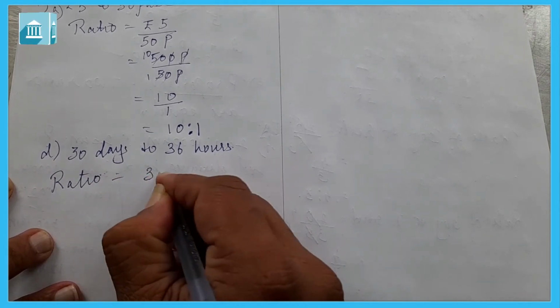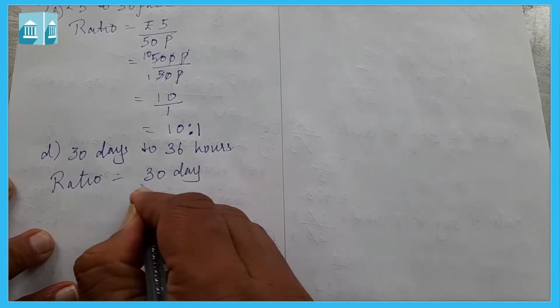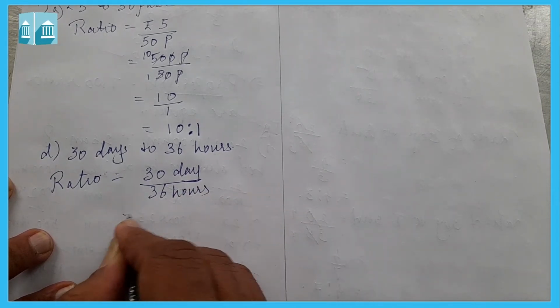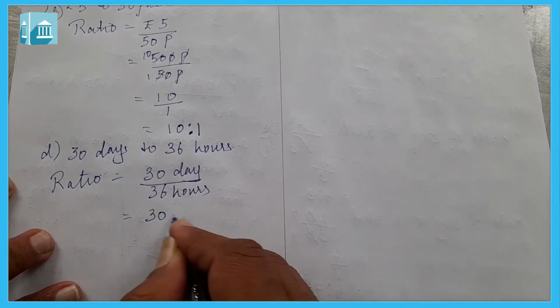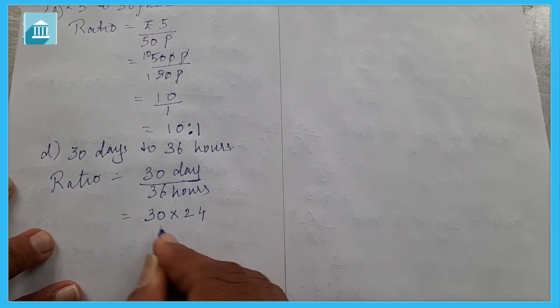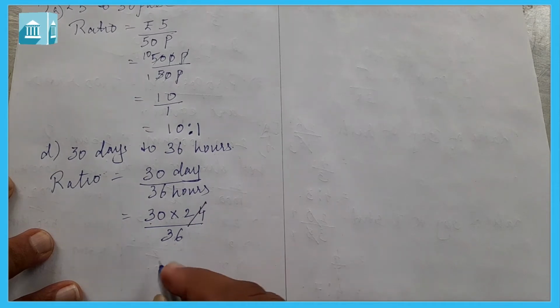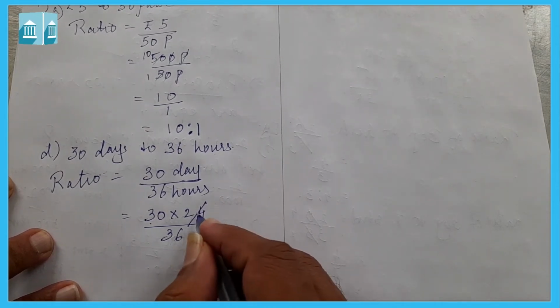So the ratio, we can say, is 30 days upon 36 hours. We know that in one day there are 24 hours. So 30 into 24 upon 36. These both can cancel by 4.